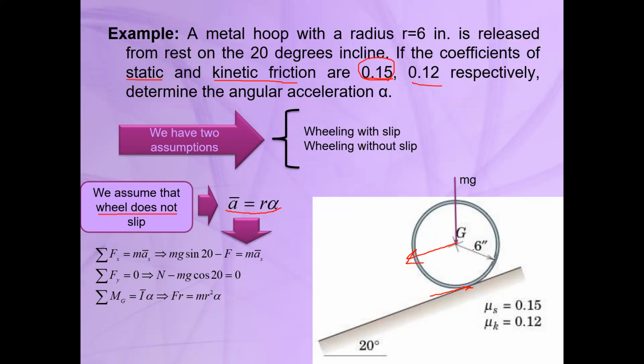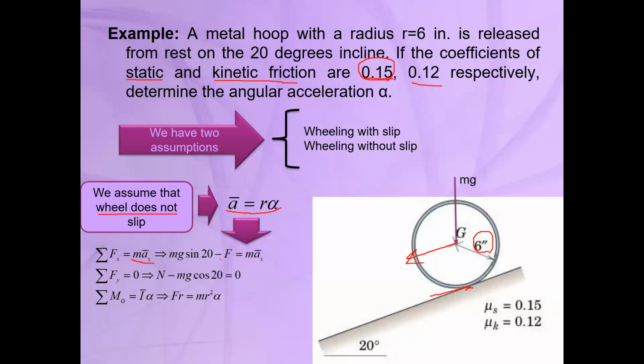Here R is 6 inch, and alpha is the angular acceleration that we need to obtain. Now the summation of the forces in x direction must be equal to the mass times ax.